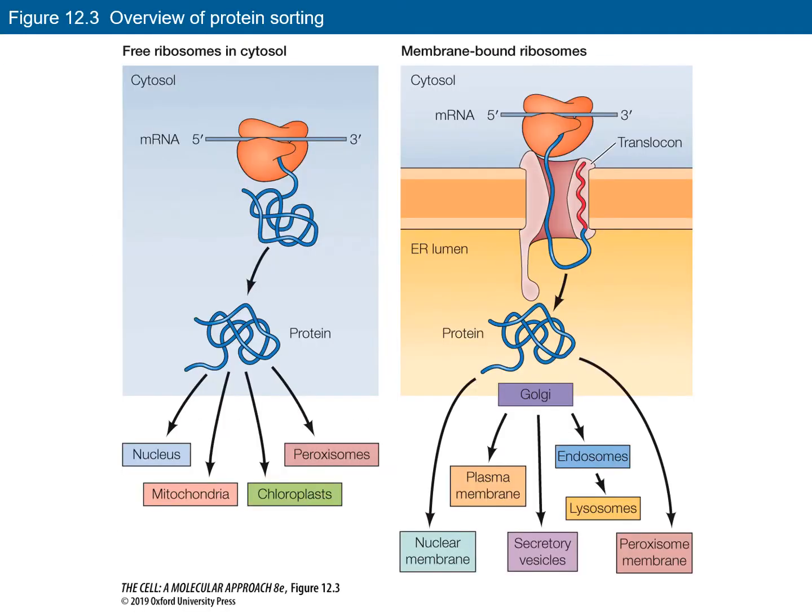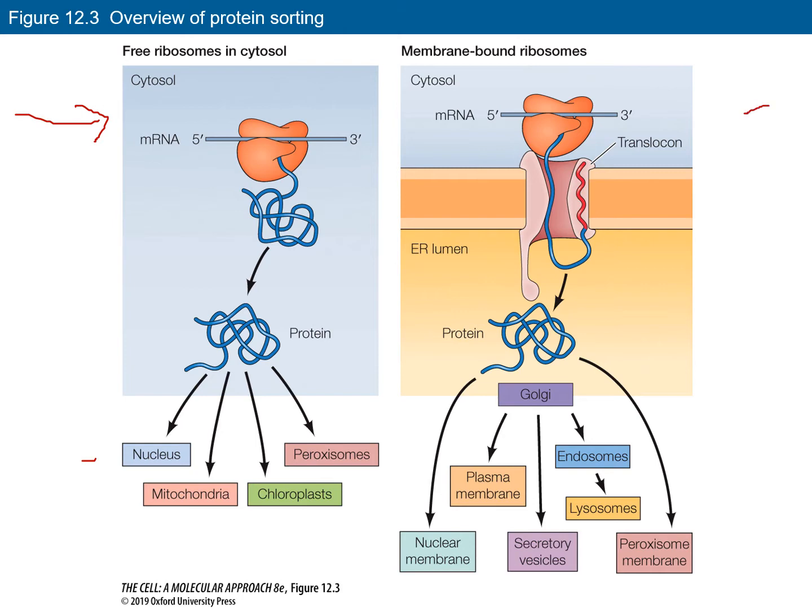So here there are two different types of ribosomes, as we are familiar with. One type of ribosomes are the free ones. The products produced on the free ribosomes are designed to go inside the nucleus, mitochondria, chloroplast, or peroxisomes.